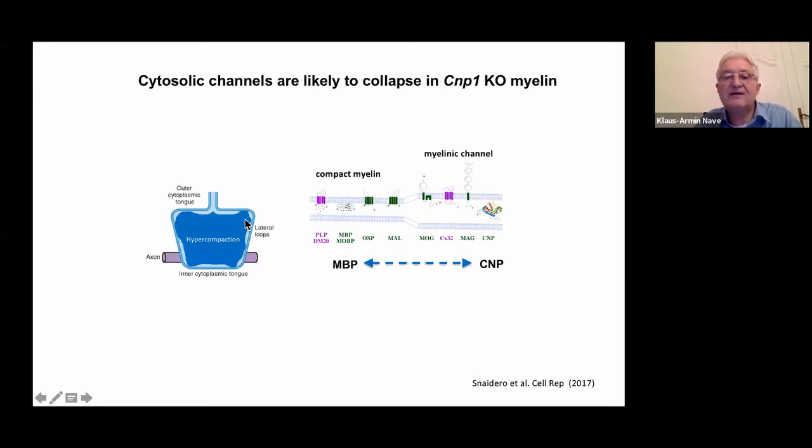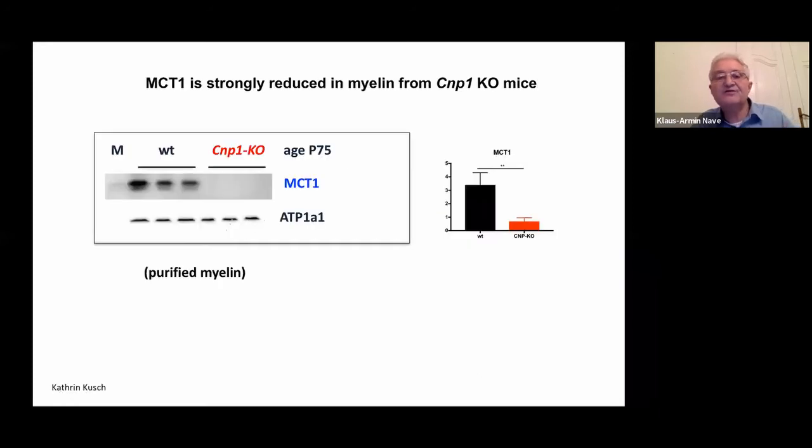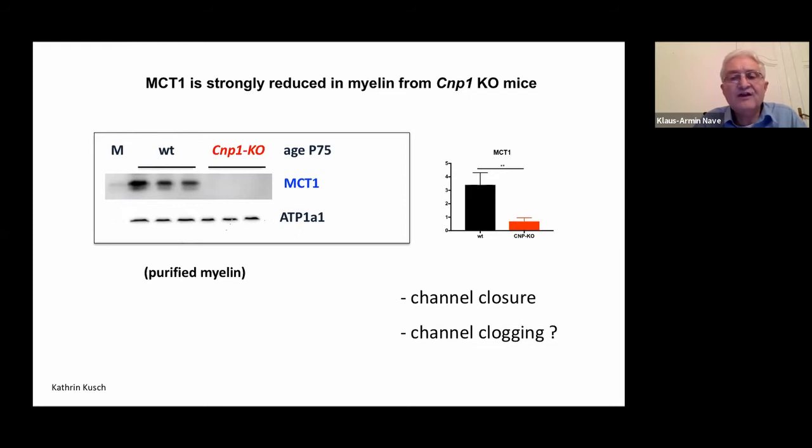And that's what we think is happening in the CNP knockout mouse, which was the first to show the axonal degeneration phenotype. And what we can show by Western blotting quite nicely is that in the CNP knockout mouse, the Western blot reveals a dramatic loss of MCT1 in purified myelin, which means this is the lack of the continued trafficking of these vesicles.